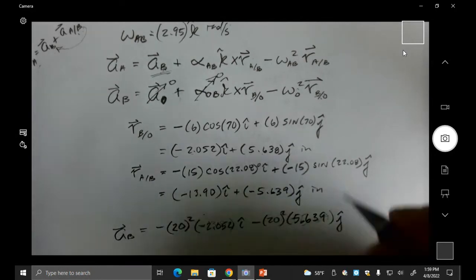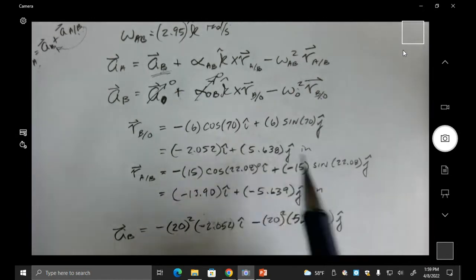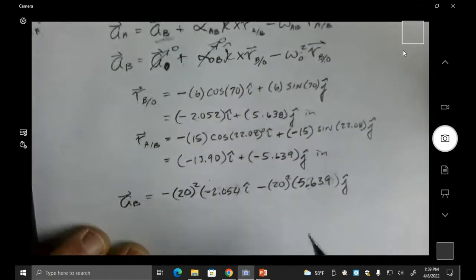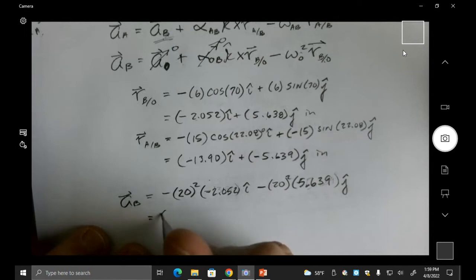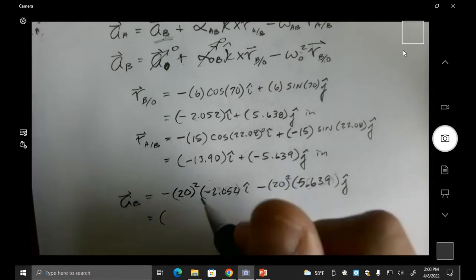But this should not be negative. This should be a positive one. This is negative, but this is positive. So we're looking up for this one, we're looking down for that one. We had a negative, so they're going to cancel each other out. So we're going to get 400 times 2.052. Boom.